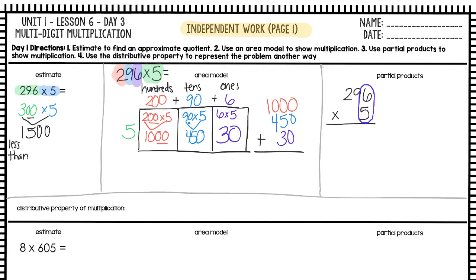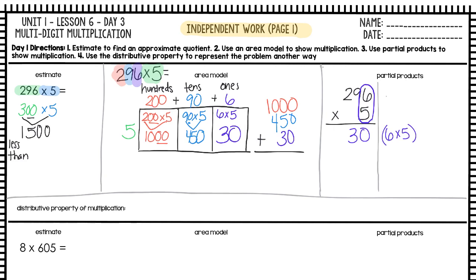On the side over here, I just drew this line to keep myself organized. I have to say, okay, when I multiply 6 times 5, what do I get? 5, 10, 15, 20, 25, 30. I get 30. So my 3 goes in my tens place and my 0 goes in my ones place.